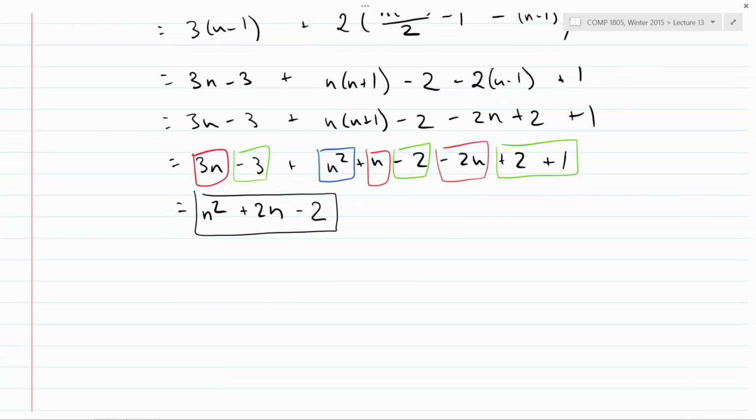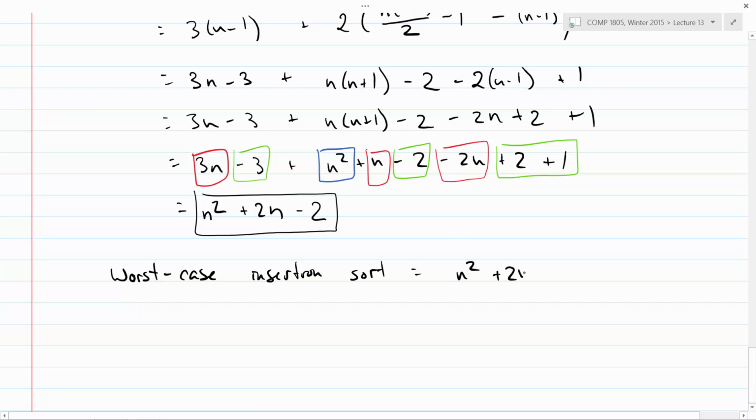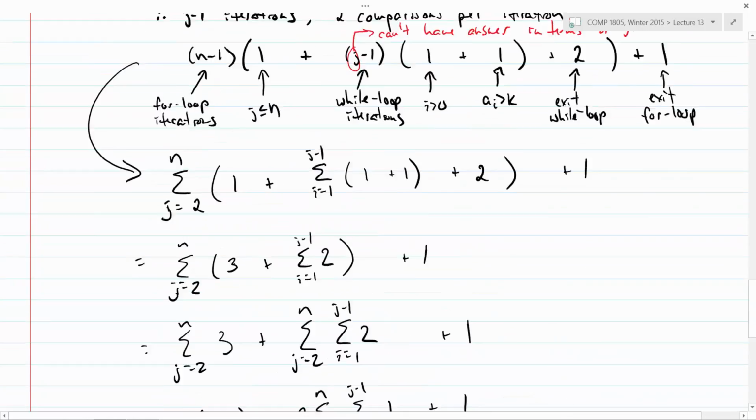So let's think about this. Worst case insertion sort equals n squared plus 2n minus 2. Worst case bubble sort, well, let's figure it out.